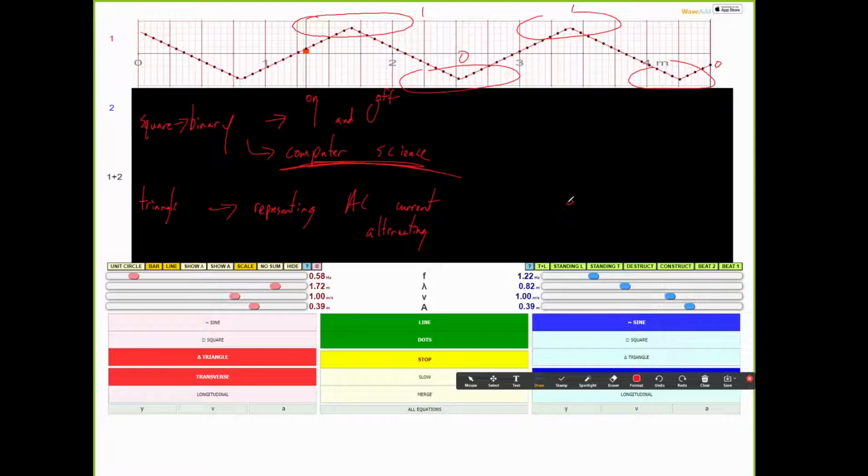And literally what it means is you've got an electron, you send it one way, and then you reverse the direction. And you keep vibrating it back and forth. Out of curiosity, do you know how many times electrons vibrate back and forth in the United States alternating current that is standard across all circuits? 60 hertz.